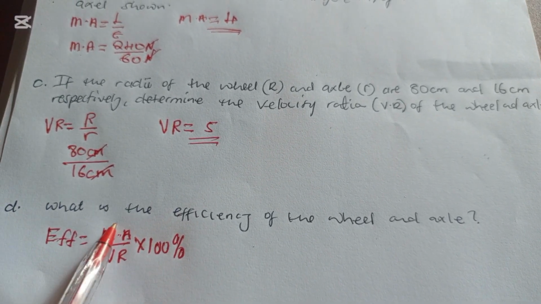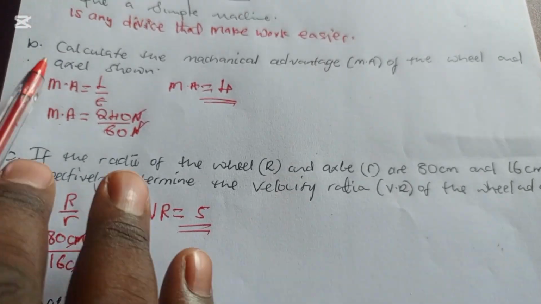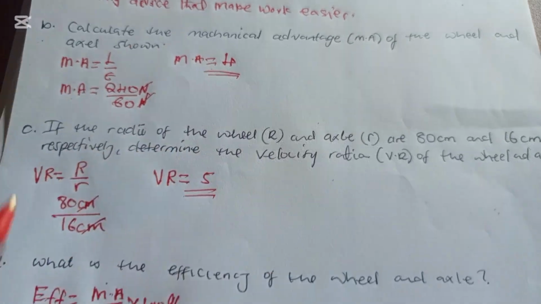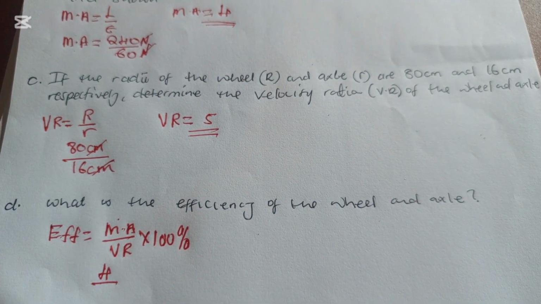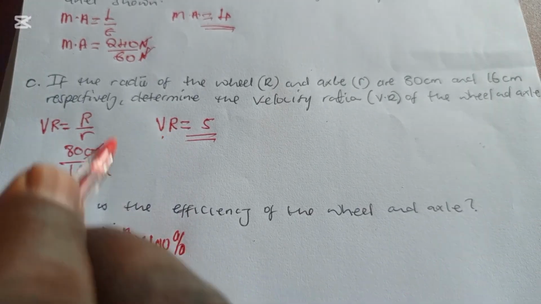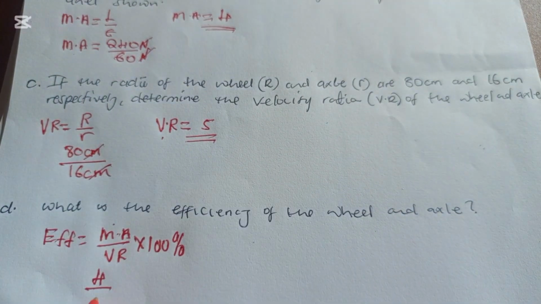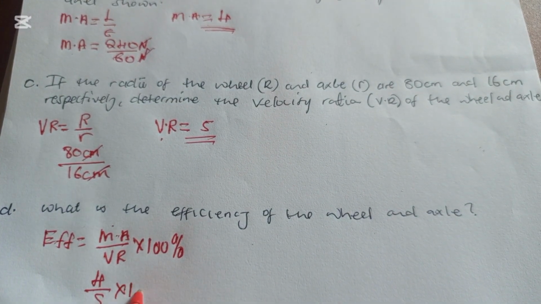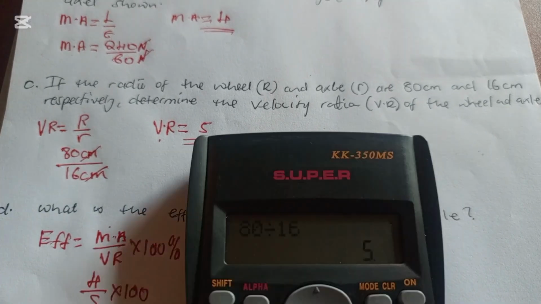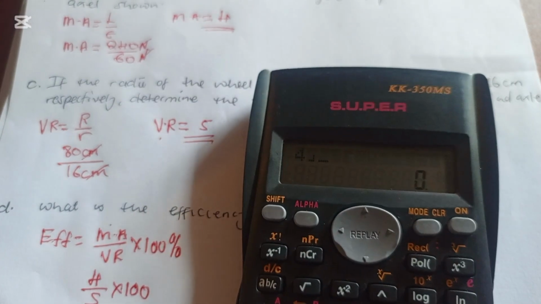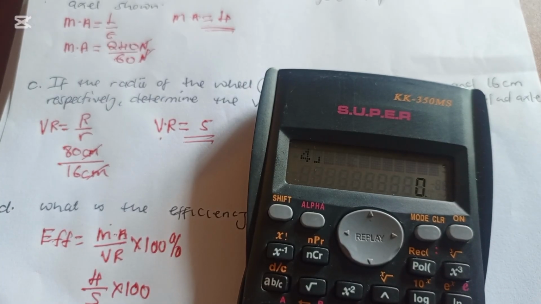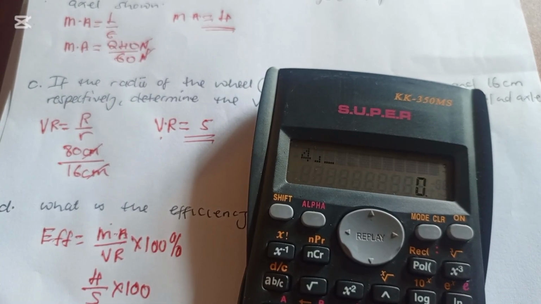So mechanical advantage, the one that we found in part B, is 4, as you can see. So we put a 4 here. So it's 4 over, and VR here, VR is what? VR is 5, so put a 5 here, then times 100. So when you multiply here, you say 4 over 5 times 100.